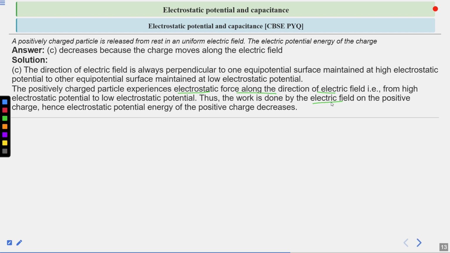So work is done by this electric field on the positive charge, and the potential energy is decreasing. The change in potential energy is negative, meaning final energy minus initial energy is negative, so the potential energy is decreasing. Hence, the electrostatic potential energy of the positive charge decreases. Got it?